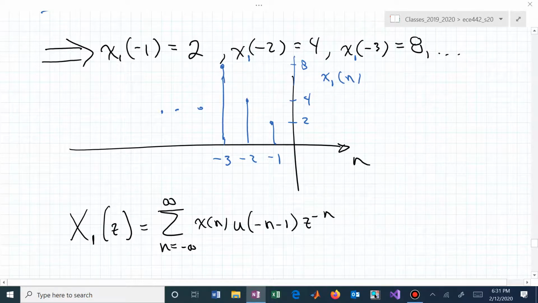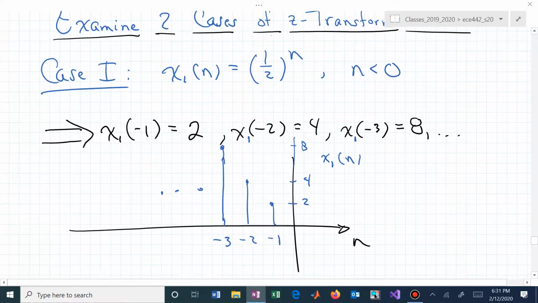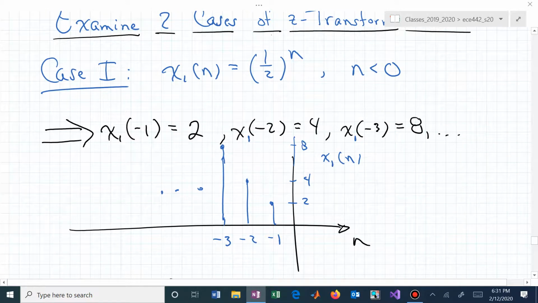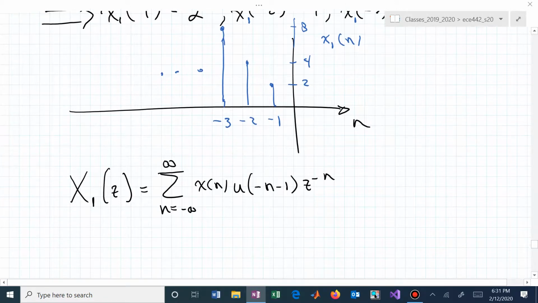We put that switch in there if we wanted to. We wouldn't have to if we have it written in this form. But now, to keep the knowledge or the fact that the argument is only going to be assuming non-negative values for n negative, I'm putting that u of minus n minus 1 in there.